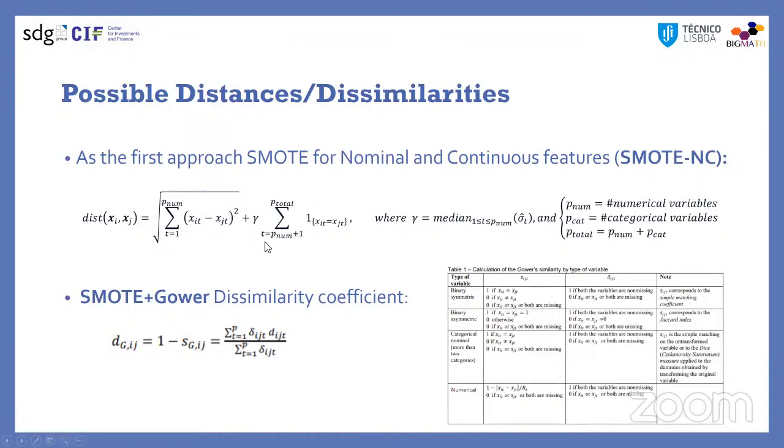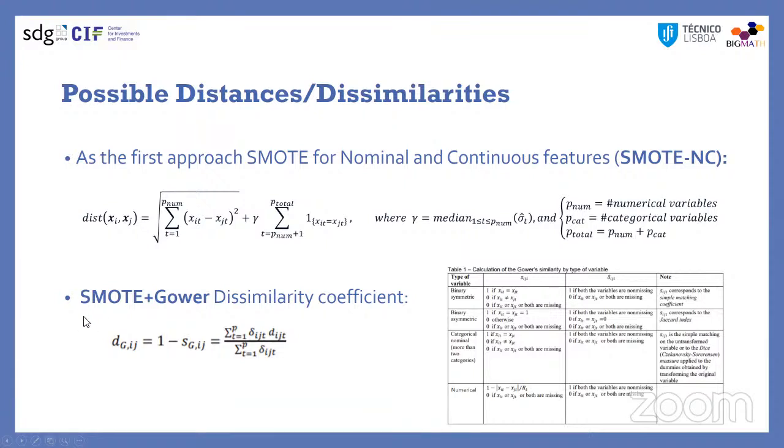It multiplies the simple matching with a coefficient. The simple matching says that if the labels of that categorical variable are equal to each other, it gets 1, otherwise it gets 0. And it is multiplied by a coefficient, which they designed to be the median of the standard deviations, or the variance, among the continuous or numerical variables. Then they just sum up the distance over each variable or feature to calculate the distance.